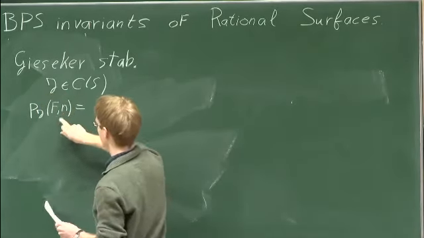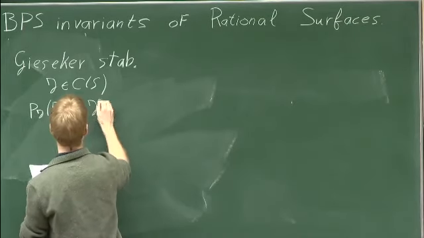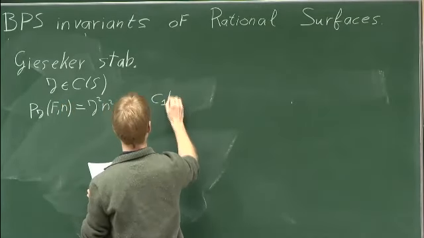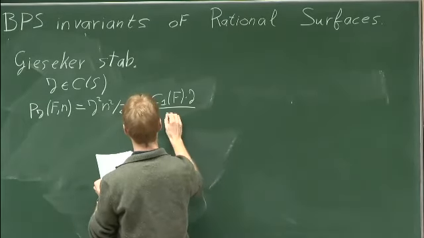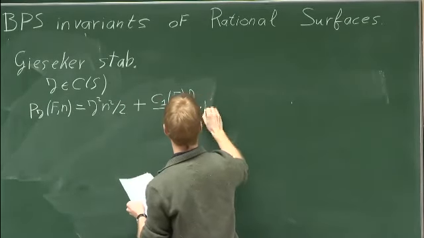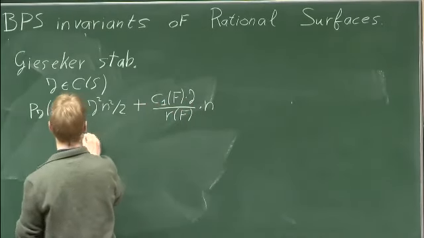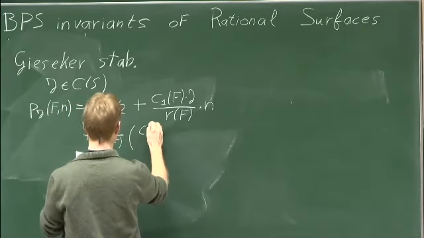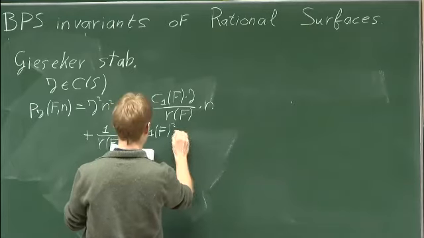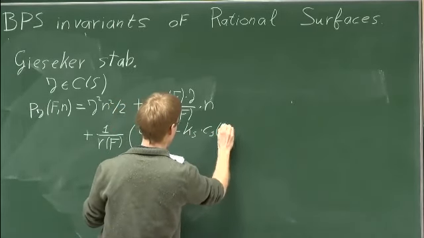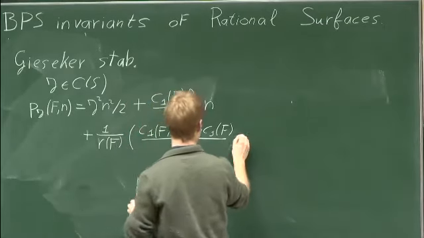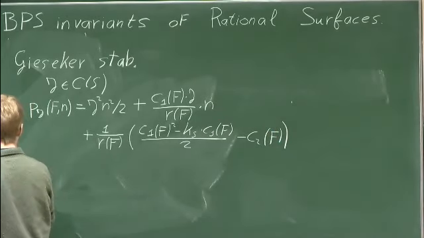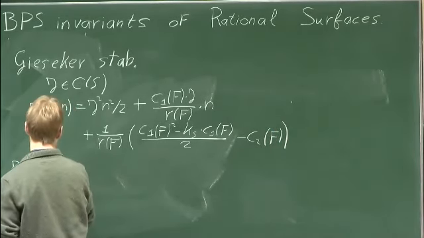It is a polynomial in N for a vector bundle F. The first term does not depend on F. Then the second term is c1(F) dot J divided by the rank of F times a linear power of N. And then there is a slightly lengthy expression of order 0 in N. It's c1(F) squared minus K_S dot c1(F) divided by 2 minus the c2 of F.